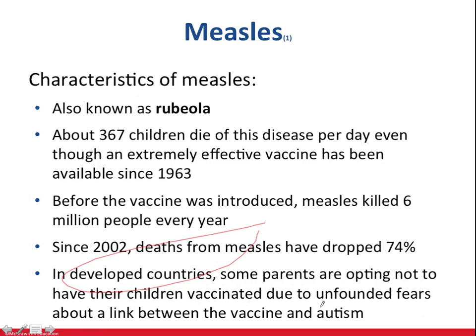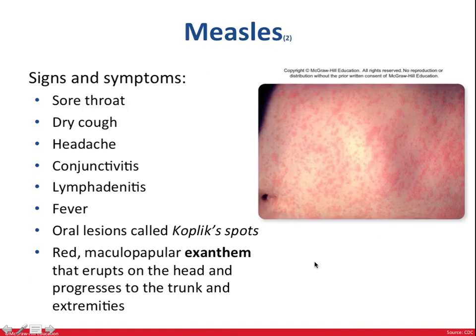Some parents may think there is a relation between the vaccine and autism. However, this relation is not proved by the scientific community yet. Also, some parents may not want their children to get the vaccine due to their religious beliefs. That's why we still have measles cases in America.